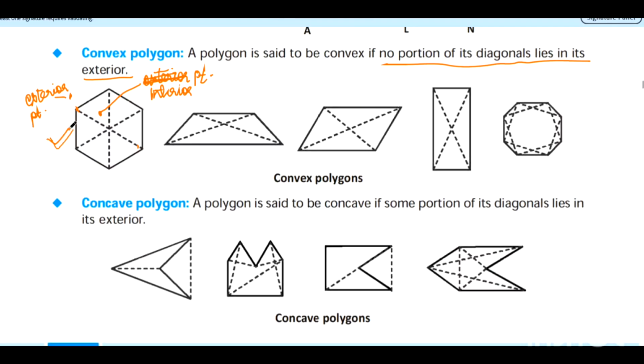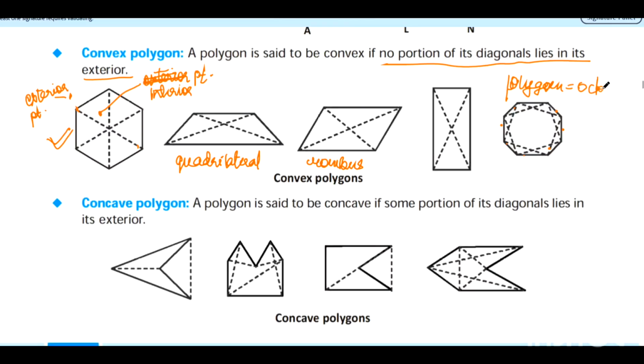Whether you see a hexagon, or a trapezium, or simply a quadrilateral, this is also a rhombus, also a quadrilateral. This is a rectangle. This one, how many sides? 1, 2, 3, 4, 5, 6, 7, 8. 8 sides, so which kind of polygon?